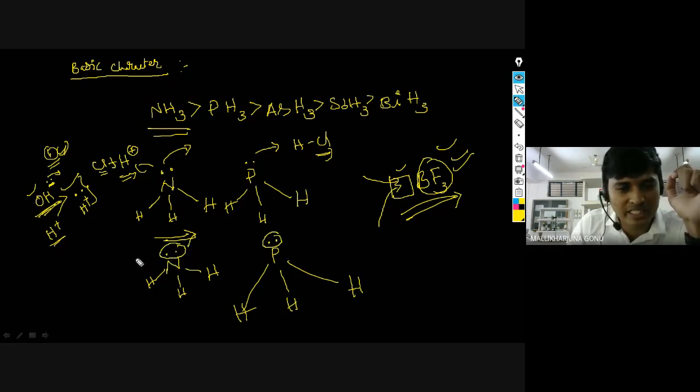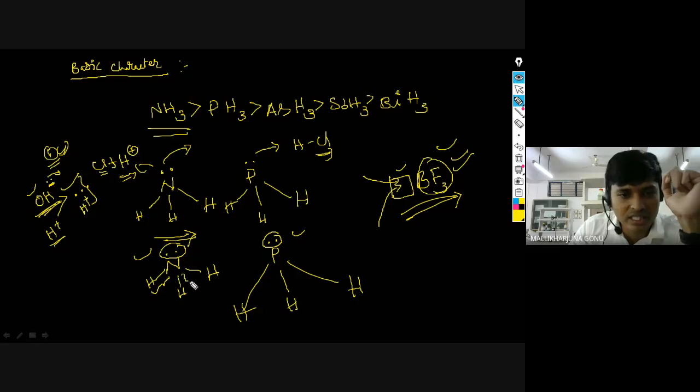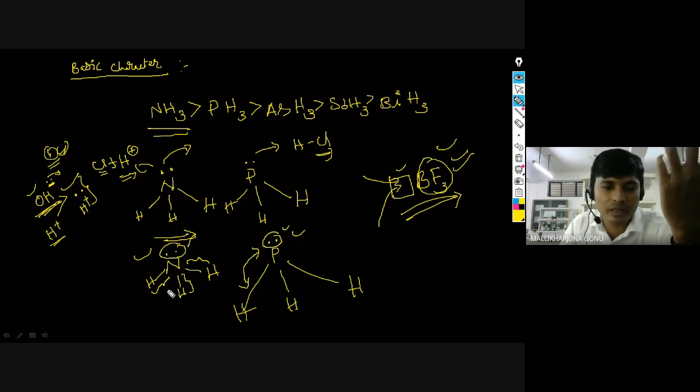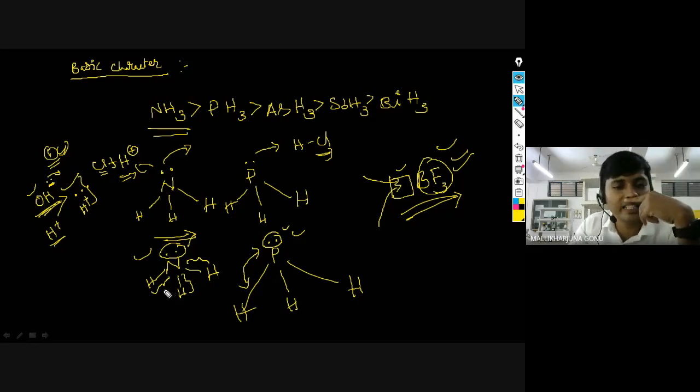In nitrogen or phosphorus, Aishwarya, in which are there more repulsions? These are the bonding pairs of electrons, and these are the lone pairs of electrons. If you compare the repulsions between bonding pair and lone pair, in which are the repulsions more? In which is the electron density more?